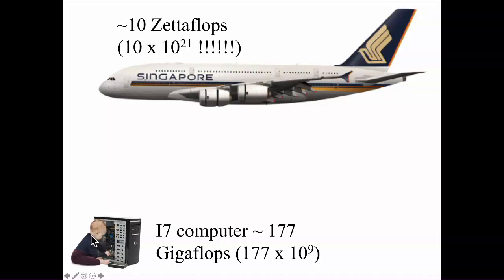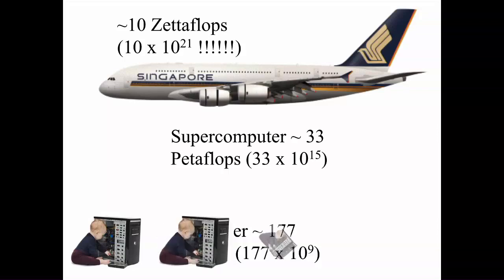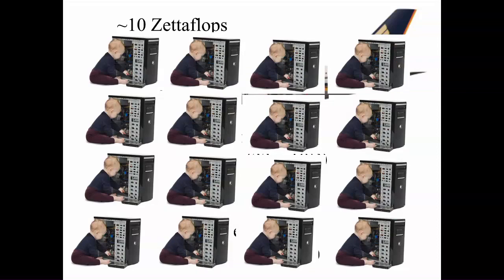Now you have i9 Intel processors, AMD Threadripper and all that, but it's still about 10 to the power of 9, 10. And even the fastest supercomputer that you have at the moment is about 33 petaflops. So this means that we are still very far away from simulating a whole aircraft at operating conditions, and we are going to need a lot of computers.